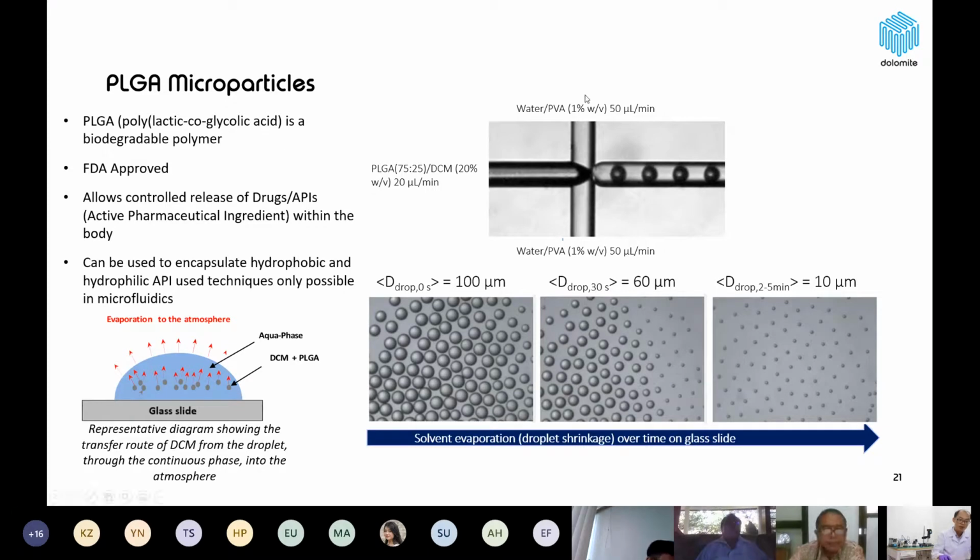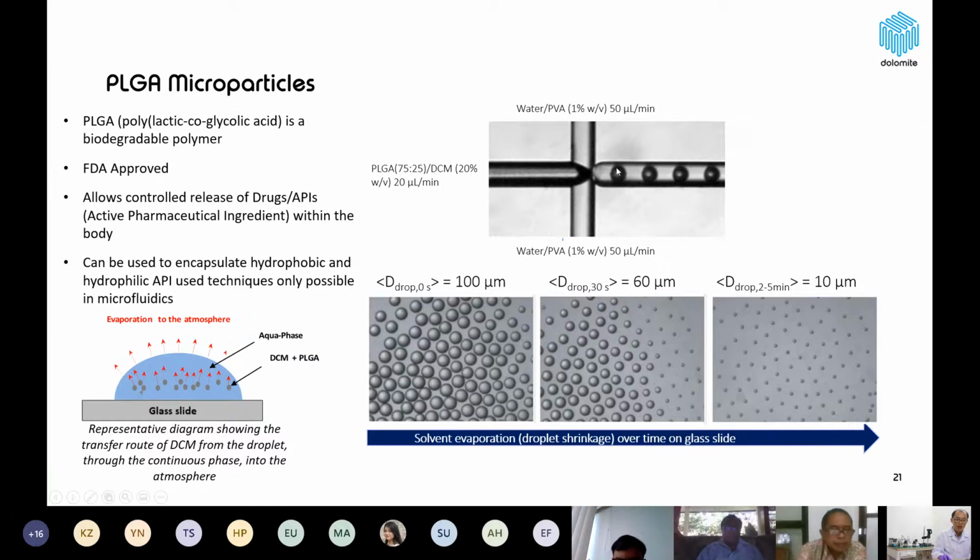In this method, we use the chip junction to make droplets to make a microparticle. The continuous phase should be water, and PLGA is a polymer, so it should be dispersed in an organic solvent like DCM, dichloromethane, with a concentration range from 0.1 to 20%.